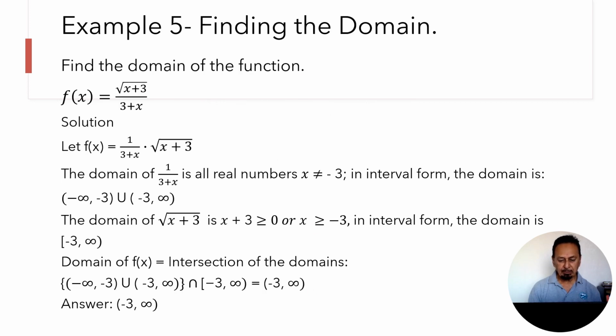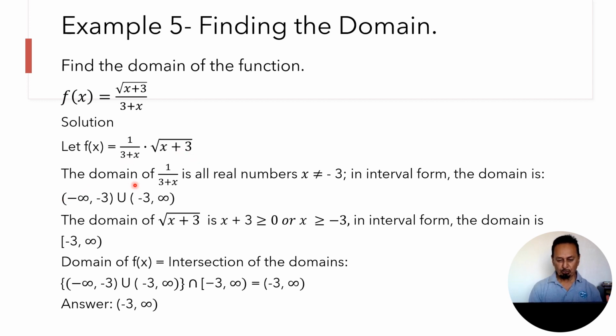Example 5. Find the domain of the function f of x equal to the square root of x plus 3 over 3 plus x. Let f of x equal 1 over 3 plus x times the square root of x plus 3. What I have done is broken down this fraction into two functions. So this is a rational function and this is the square root function.